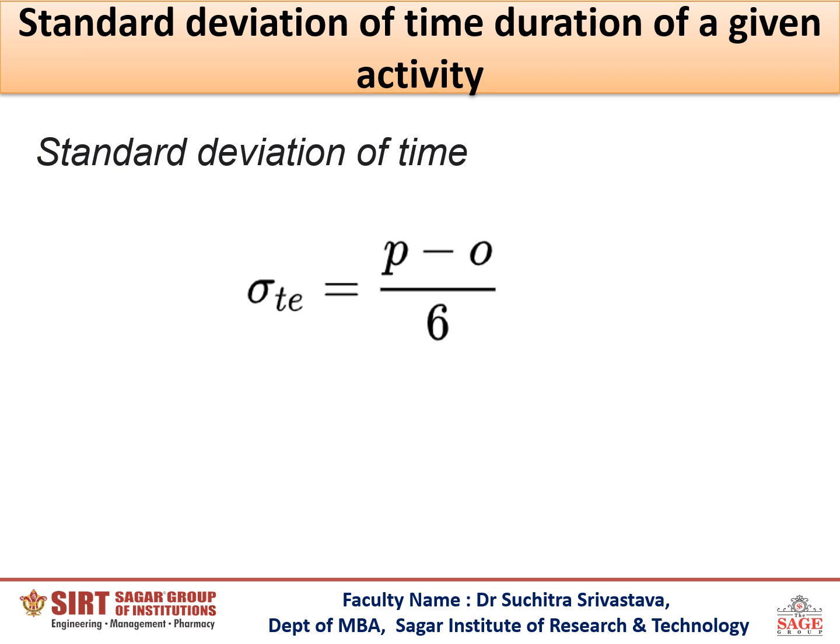Now, the standard deviation of time duration for each activity is computed as follows. The standard deviation is given by (P - O) divided by 6. Squaring the standard deviation, we can get the variance of each activity of the project.